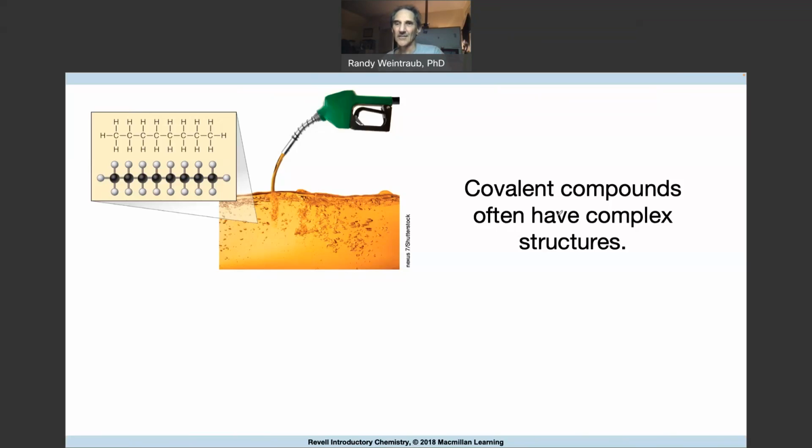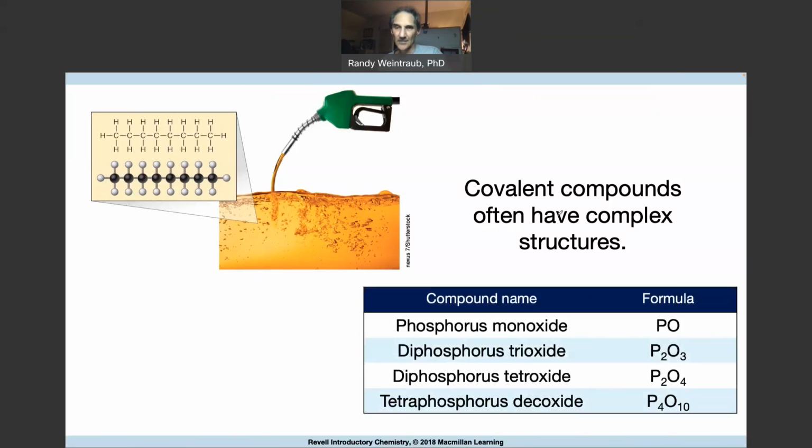Because of this complex bonding, elements can combine in many different ratios, each having a unique bonding arrangement that produces a unique compound. For example, in this table, we have several compounds that form between phosphorus and oxygen.